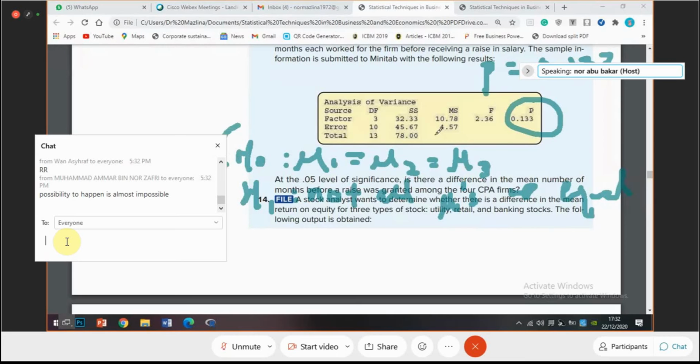Okay, this P means the probability that H naught is true.